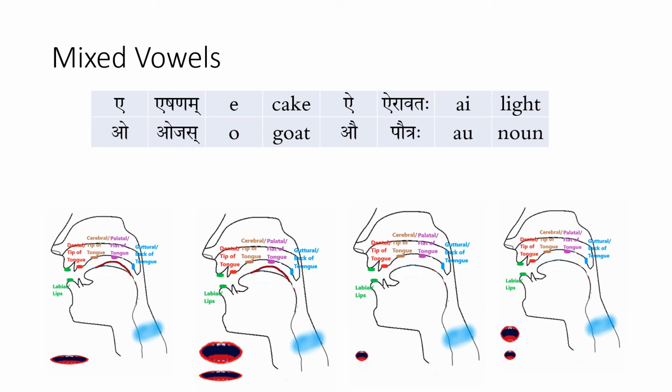If you make it slow, it becomes two separate sounds, but this is a quick sound, I. The position is the same as A or E. The blade of the tongue is near the palate but not touching it. The example in the Sanskrit word is Airavat, and in English somewhat like light, the I sound after la. Light. Airavat.